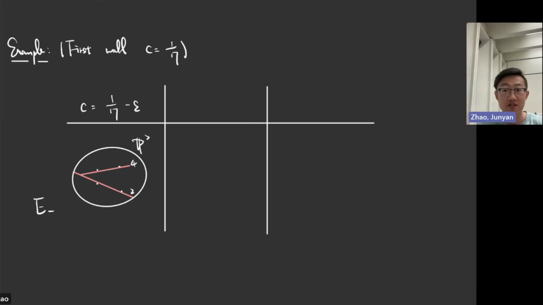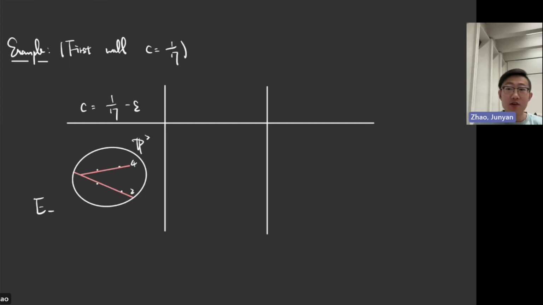So you get a plane sextic curve passing through these 4 points with multiplicity at least 2. Then after blowing up these 4 points, you can take the proper transform. Then you get a boundary divisor in the linear series minus 2K, right? That will be polystable when c is less than 1/17.